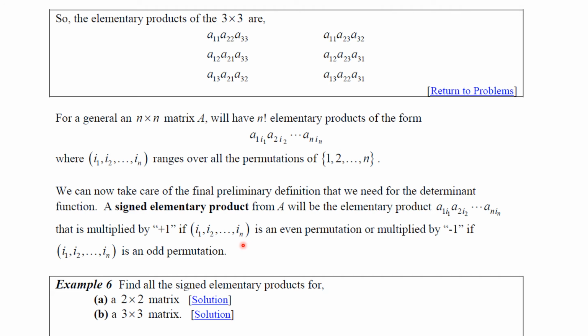Or you could think about this as minus 1 raised to an even power, or minus 1 raised to an odd power. Okay, so let's return and look at the 2 by 2 matrix and 3 by 3 matrix and find all the signed elementary products for these.